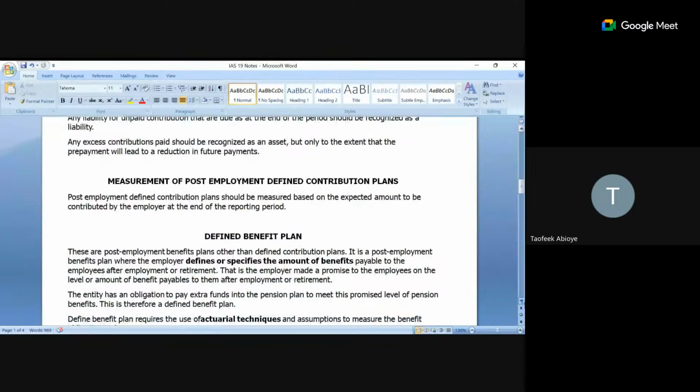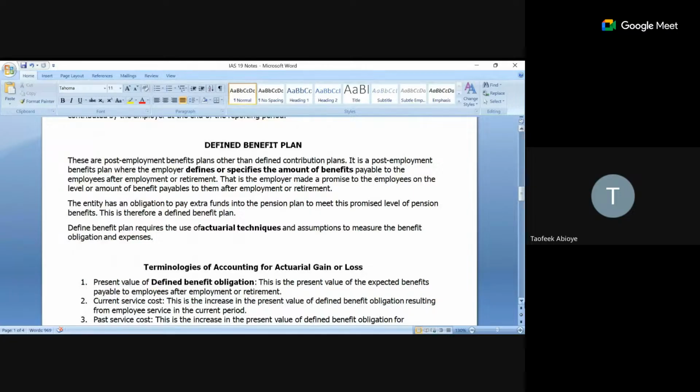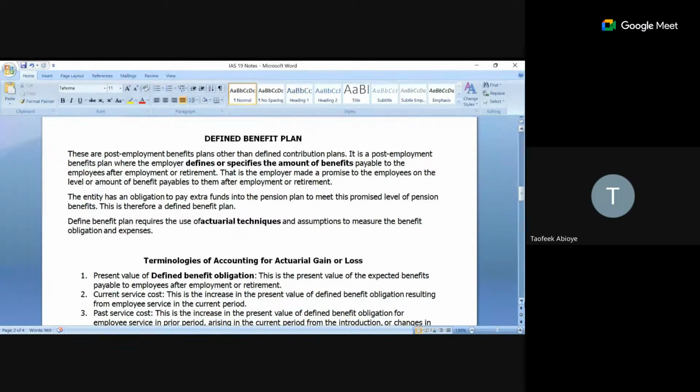So now let's move to the defined benefit plan. Immediately, you remember the definition of a defined contribution plan. The simple definition of a defined benefit plan is that these are post-employment benefit plans other than a defined contribution plan. That means a post-employment benefit plan that is not a defined contribution plan.